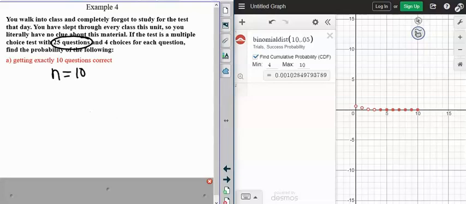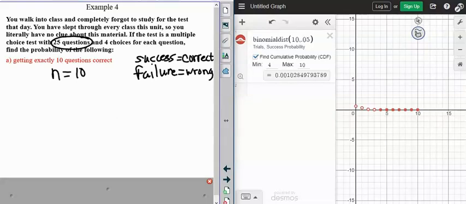Also, before we do that, we have success is correct. That's one outcome. And failure is going to be wrong. So either correct or wrong. All right, so we have that.